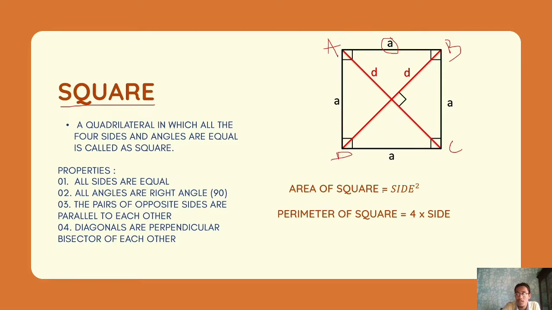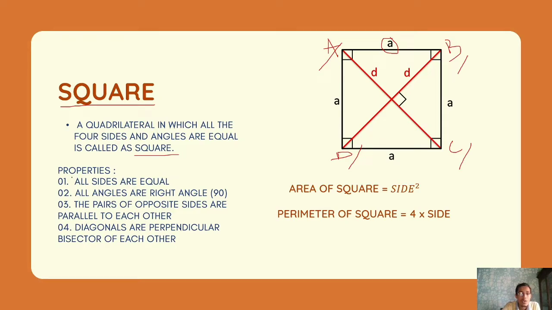In this quadrilateral ABCD there are four angles: angle A, angle B, angle C and angle D. All these four angles are equal. So any quadrilateral in which four sides and four angles are equal is called a square.